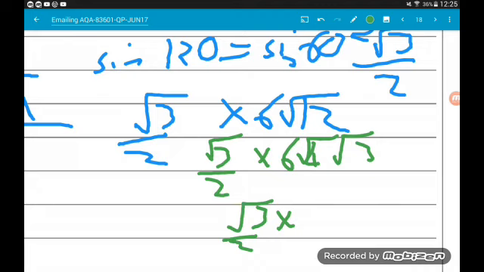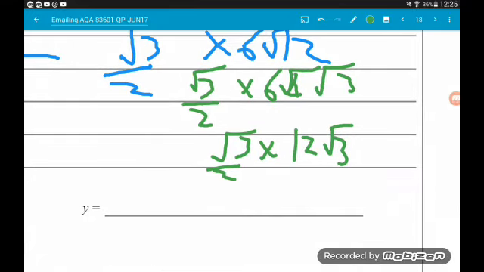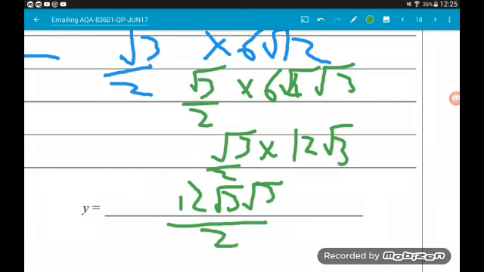So we've got 12 root 3. So if we combine it all, we're actually going to get a nice answer. We have got 12 root 3 all over 2. Now root 3 is 3. So we've got 12 times 3 on top, which is 36, divided by 2 is 18 centimetres. Lovely jubbly.